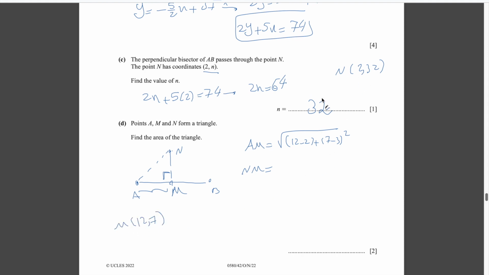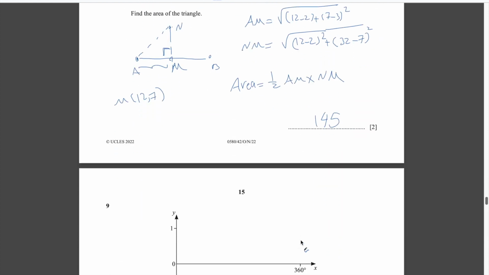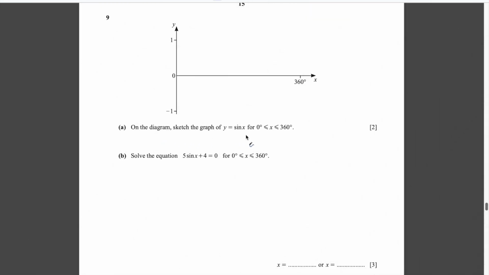So NM will be the square root of (12 minus 2) squared plus (32 minus 7) squared. Now if you find the lengths, the area will be equal to half of AM times NM, which will be equal to 145.